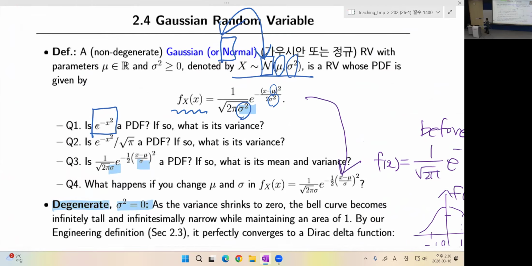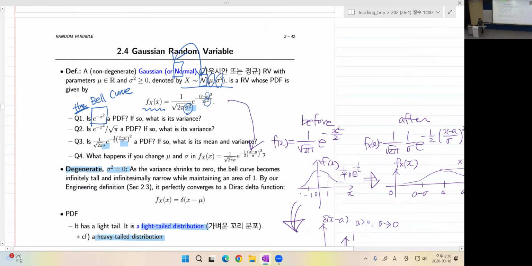And actually, this shape is called the bell curve. Okay. By the way, you may say that it is a bell-shaped curve. However, when people say you have the bell curve, it means that you have an e to the negative x squared type curve. Got it? So it's kind of confusing. But anyway, the shape is exactly something like this.